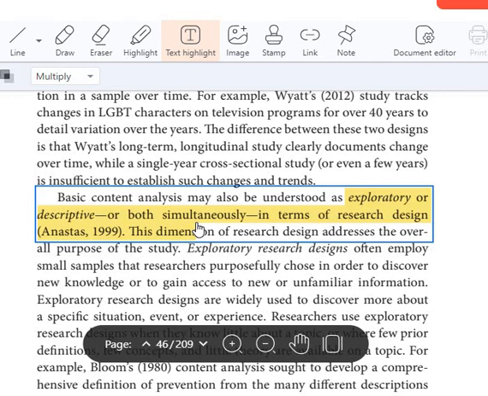However, there's not much explanatory. There might be some explanatory side here, but it is often focusing on exploring and describing a certain sample, okay, but over a short period of time. Okay, so exploratory research designs often employ small samples that researchers purposefully chose in order to discover new knowledge or to gain access to new and unfamiliar information.